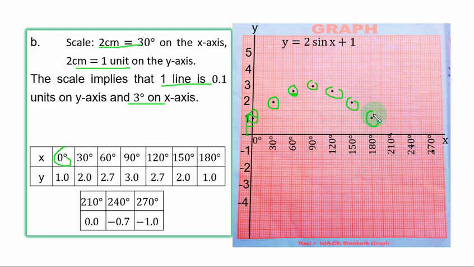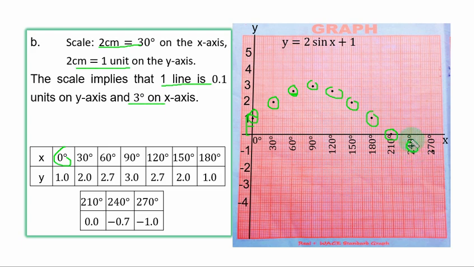When s is 210 degrees, y is 0. You plot that point directly on the s-axis. When s is 240 degrees, y is minus 0.7. After the 0, you count 7 lines downward. That is minus 0.7. That is somewhere here.